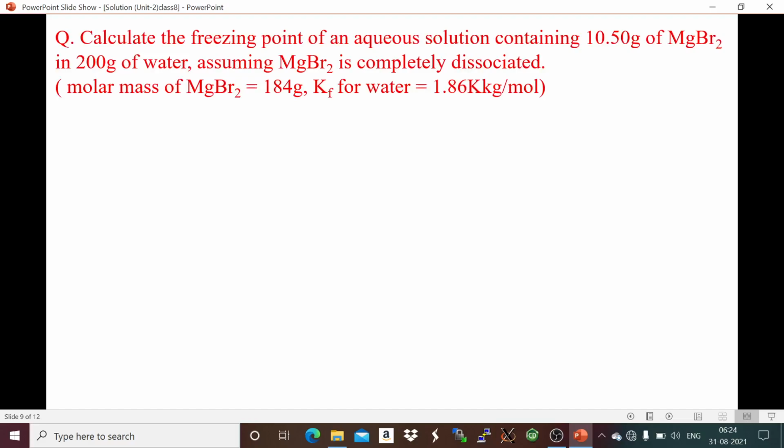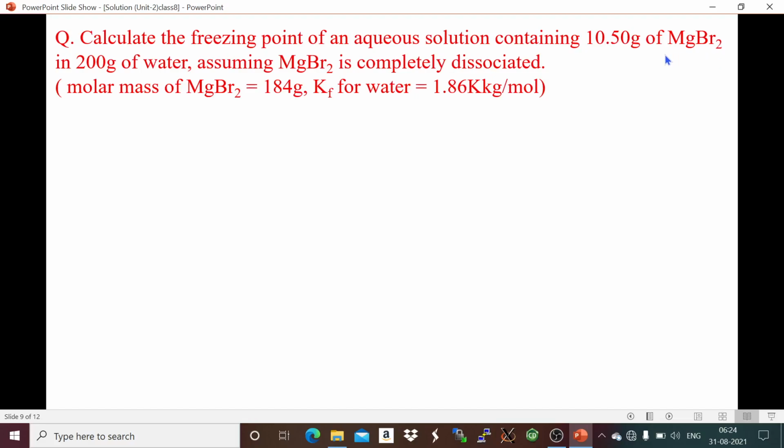Next one, calculate the freezing point of an aqueous solution containing 10.5 gram of MgBr2, magnesium bromide, in 100 gram of water, assuming magnesium bromide is completely dissociated. Okay, so if an ionic species, this type of electrolyte, is given in water, it must undergo dissociation.